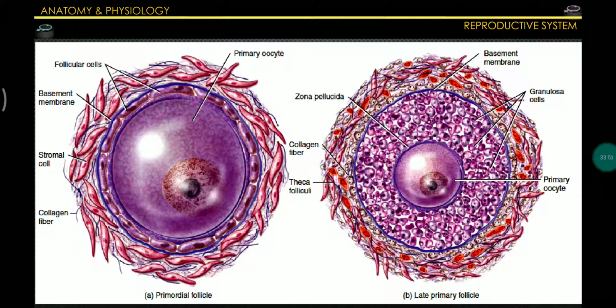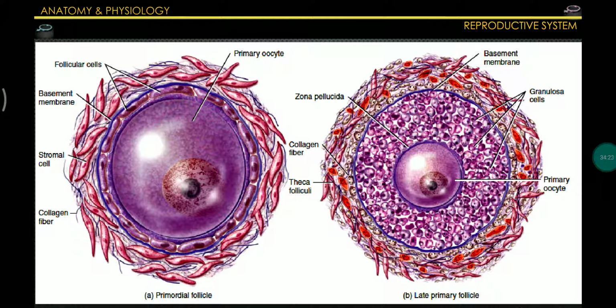At birth, during the embryonic stage itself, females have many primary oocytes developed. Many of those primary oocytes are damaged or destroyed by a process called atresia. Only a few cells which are required for a female's reproductive cycle remain.